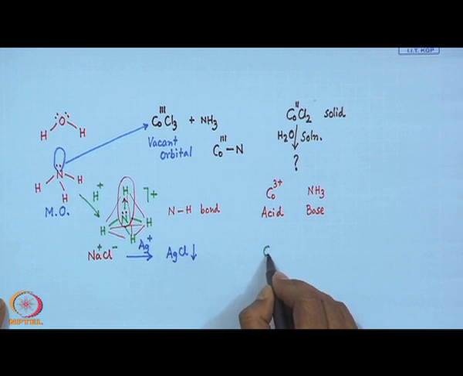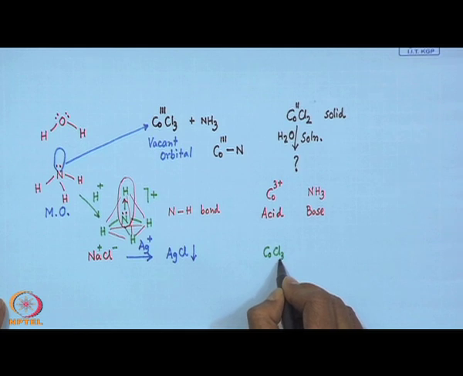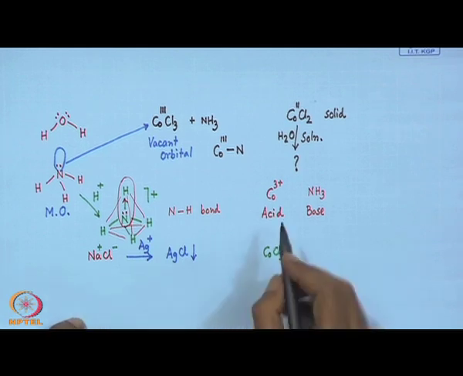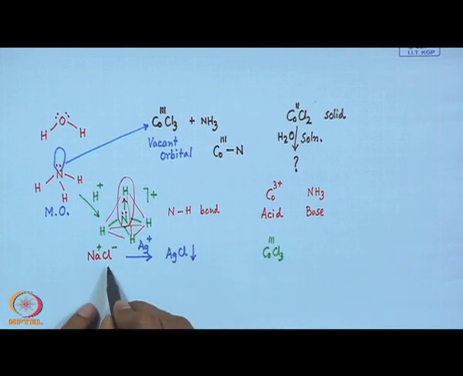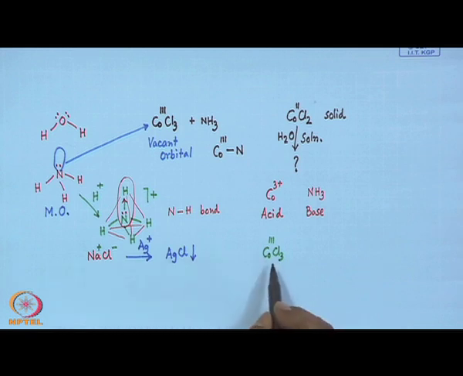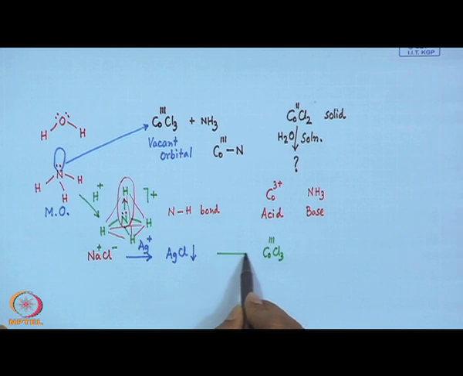So, what about the simple cobalt chloride salt? Like sodium chloride, this is also cobalt 3 chloride. So, it has also the same type of Cl minus, that means the chloride ion present in the sodium chloride is the same as that present in cobalt chloride, that means the cobaltic chloride.